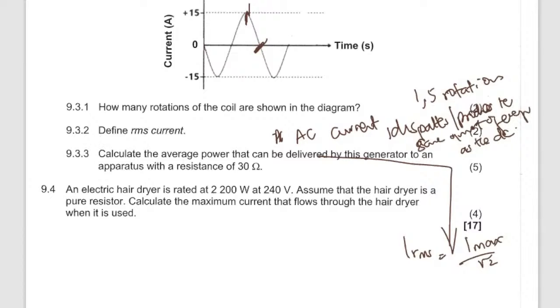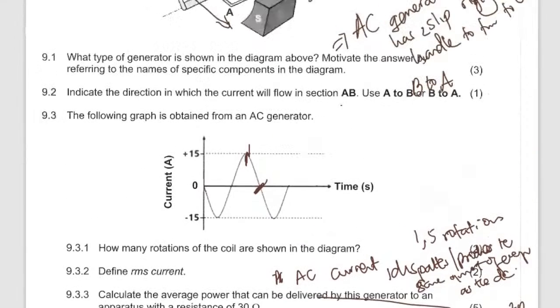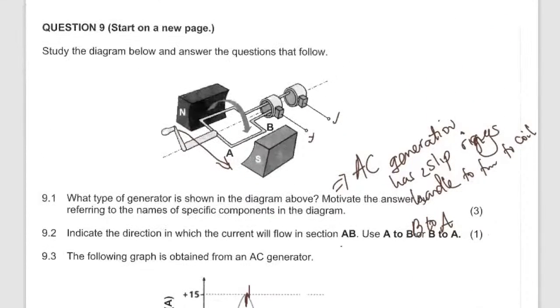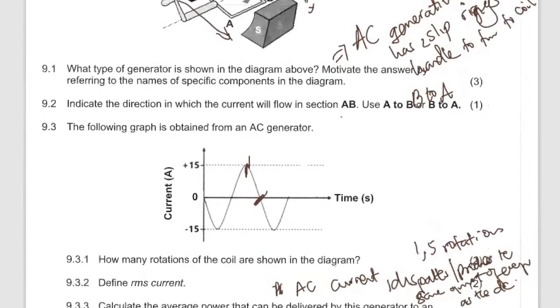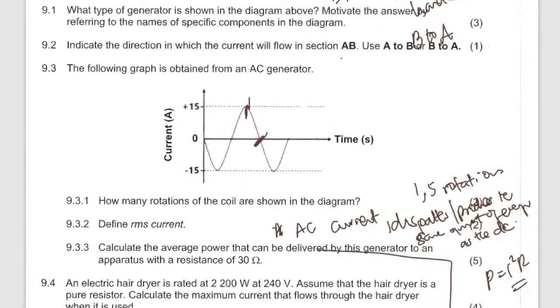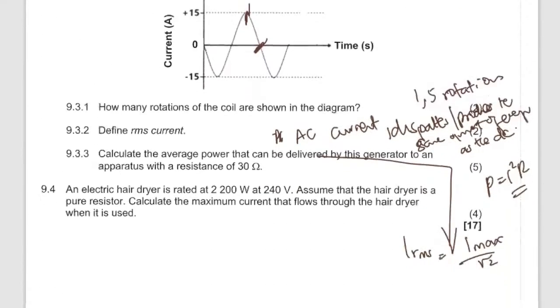And we know that power can be given as I squared R. We have the resistance, and we need the current. You can see from the graph that the maximum current is 15. So we convert this maximum current, 15 over the square root of 2, square it, and multiply by the resistance.